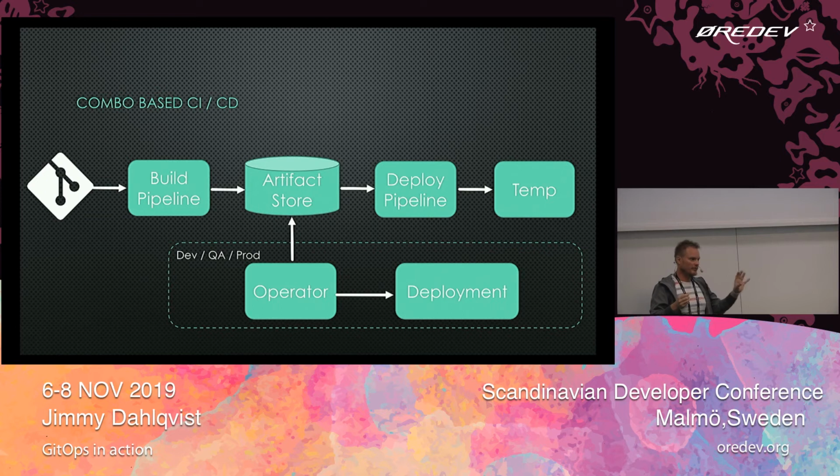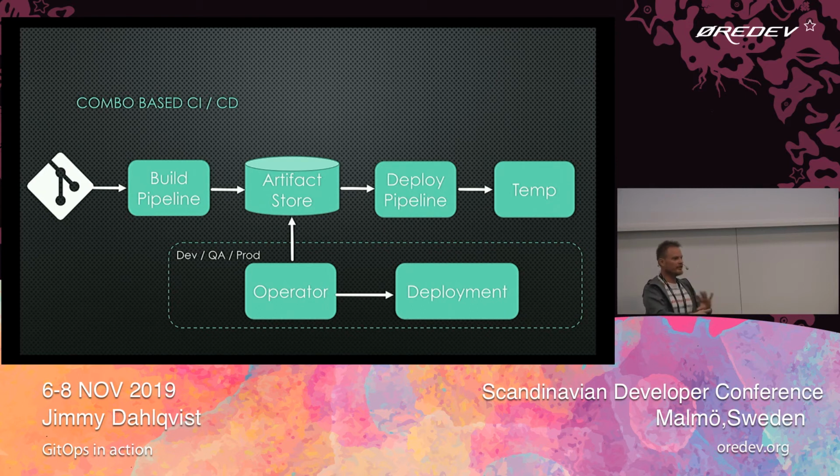I like to have a change in Git trigger my build pipeline, building my Docker image, putting that in my artifact store. That will trigger my deploy pipeline, and the deploy pipeline sets up a temporary environment and deploys that new image into that environment. Now we can use this temporary environment for testing, automatic testing, manual testing, whatever testing you have.